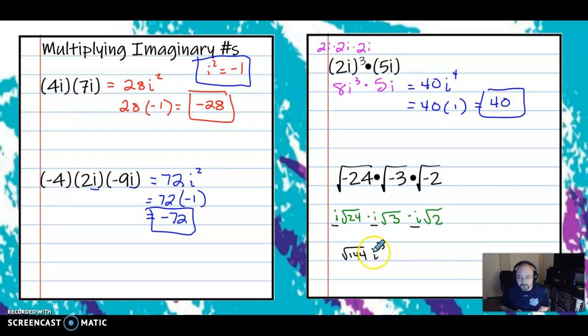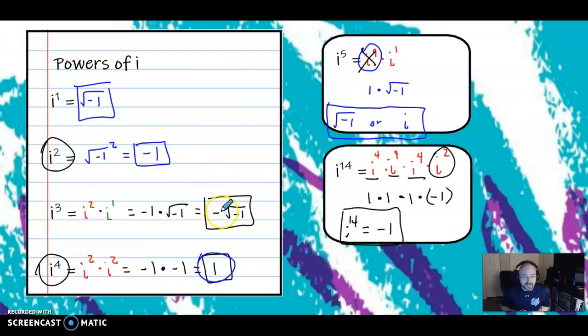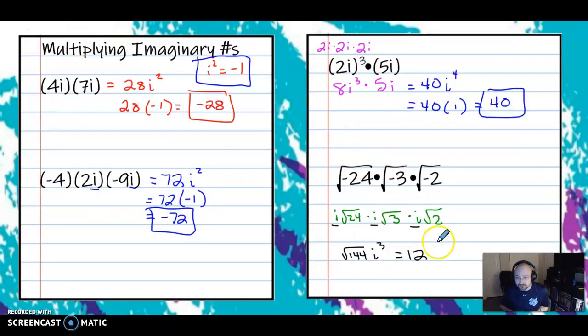We know that the square root of 144 is 12, and we know that i cubed is, let's go back and check it, negative i, or negative square root of negative 1. For the sake of this one, we're just going to call this negative i. Okay, so this becomes 12 times negative i. We're going to go ahead and put that negative out in front for a final answer of negative 12i is our answer after cleaning them up.